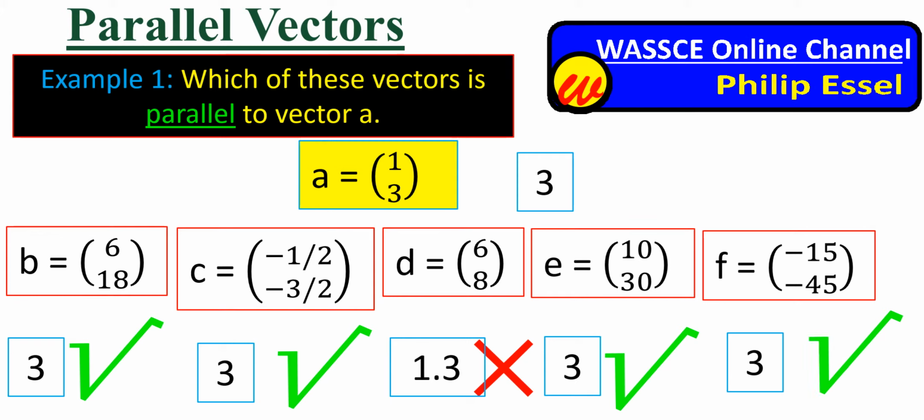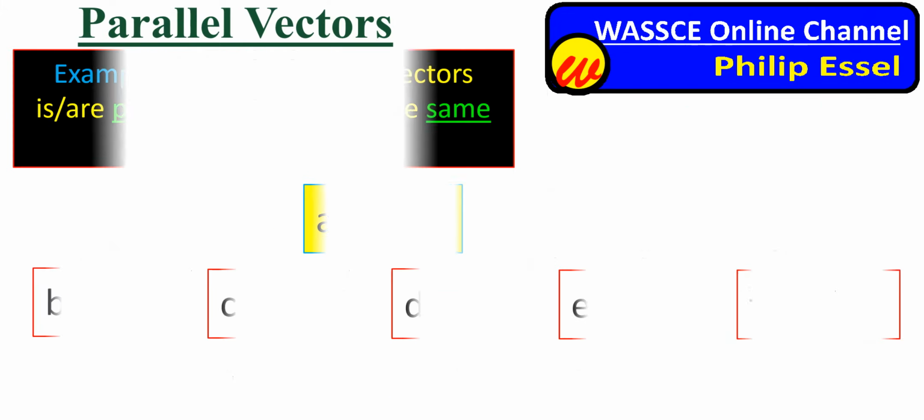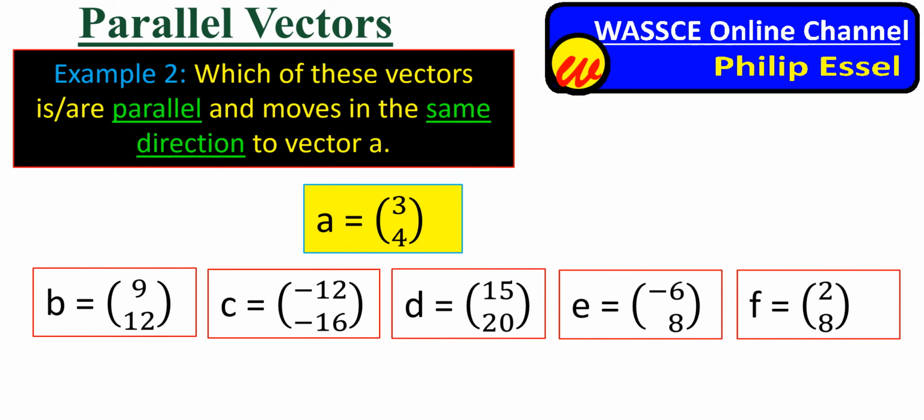I believe you found that interesting and easy. Let's look at example 2. Example 2. Which of these vectors is or are parallel and moves in the same direction to vector A?